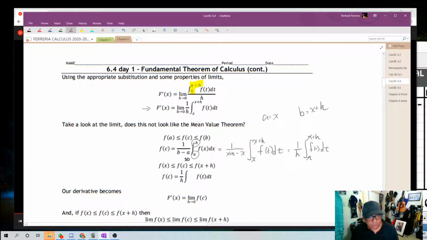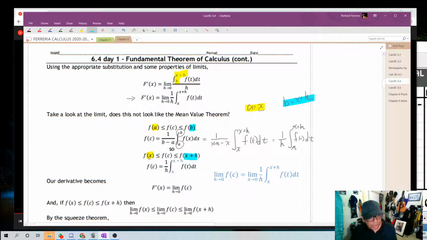Okay, and of course a is x. Let's highlight that. a is x, and b is x plus h. And the upper and lower limit here should just be x to x plus h.